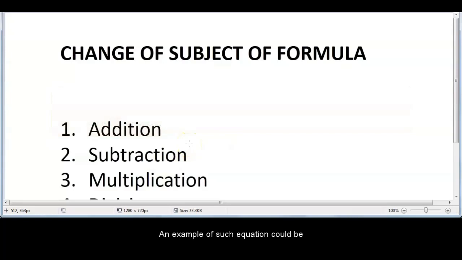An example of such an equation could be A is equal to B plus X, where the variable A is the subject of the formula. A is the subject of the formula. It is the only variable on the left side of the equation.